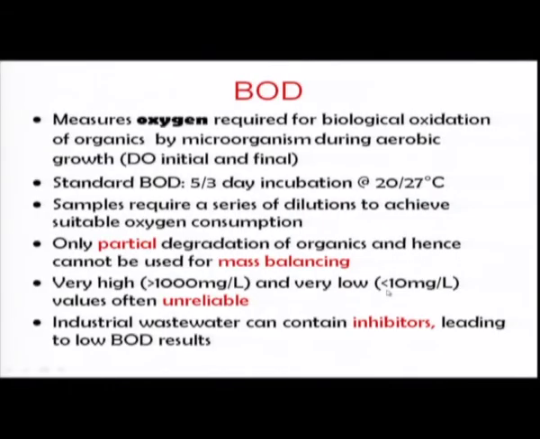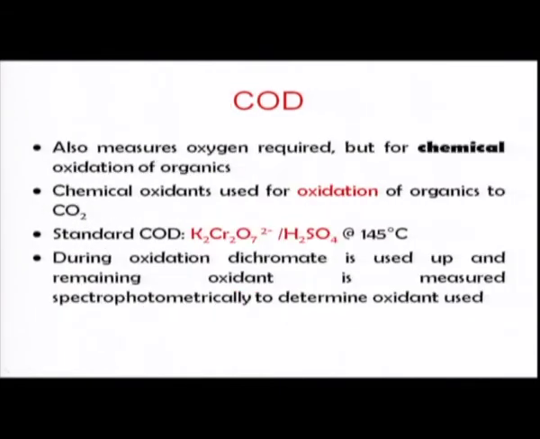Values above 1000 or below 10 usually give unreliable results. Among water and wastewater quality parameters, the most difficult to reproduce is BOD, very, very difficult to reproduce. Industrial wastewater can sometimes contain inhibitors, leading to low BOD also. It will interfere with the analytical determination, either by Winkler's method or the DO probe method.